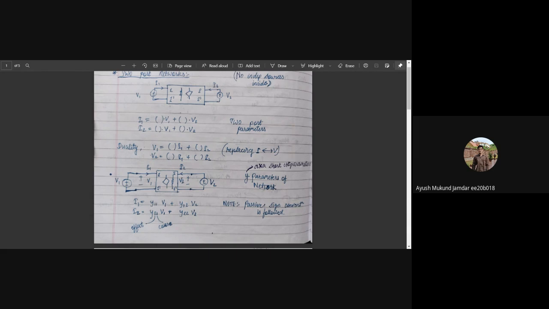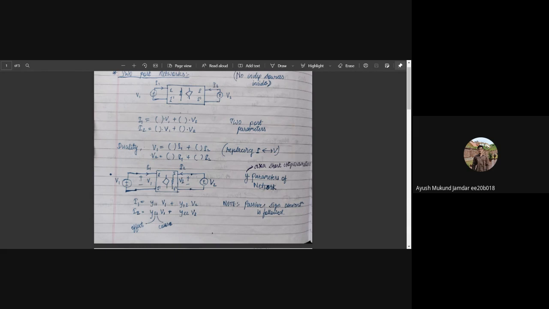We can call them the conductance parameters. You can see that I1 has been written as Y11 times V1 plus Y12 times V2. Similarly, I2 is Y21 times V1 plus Y22 times V2.